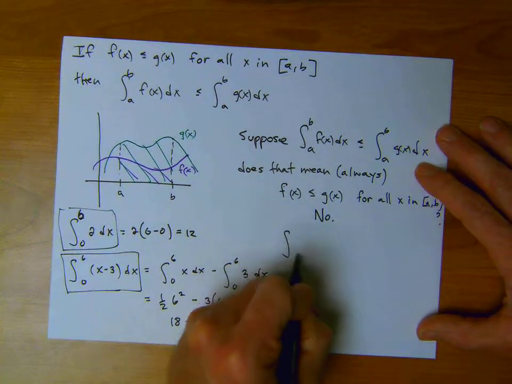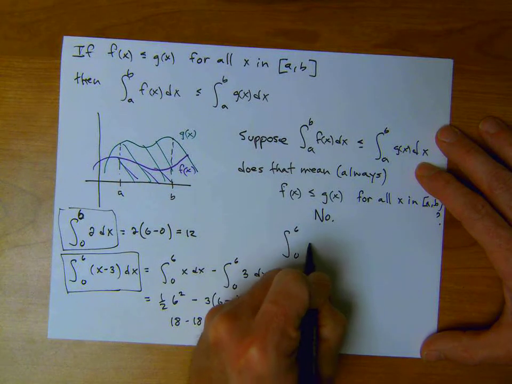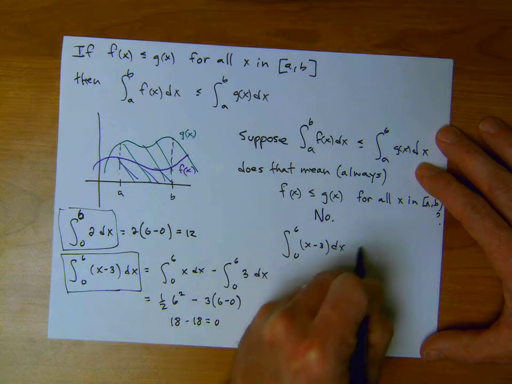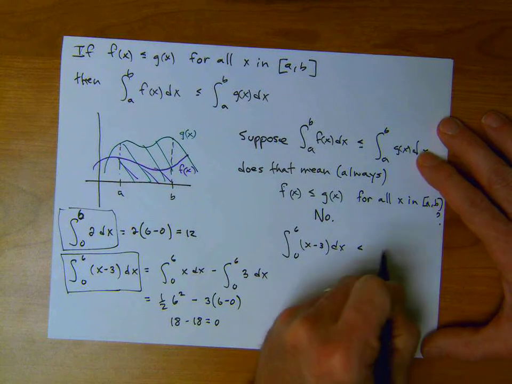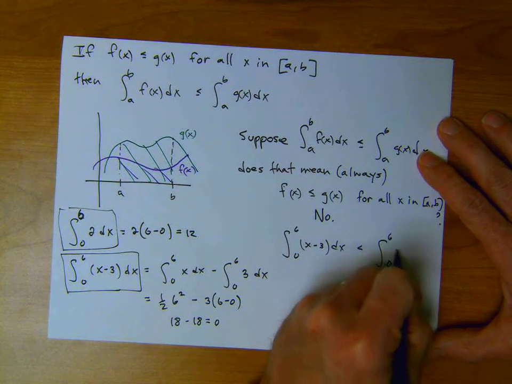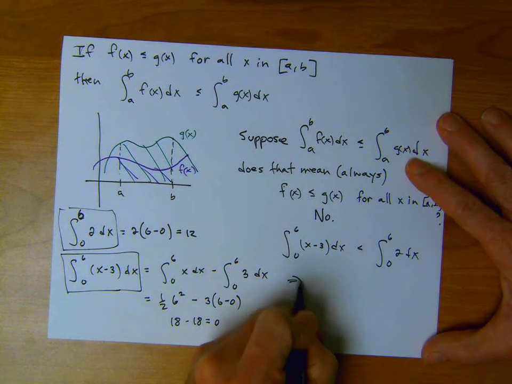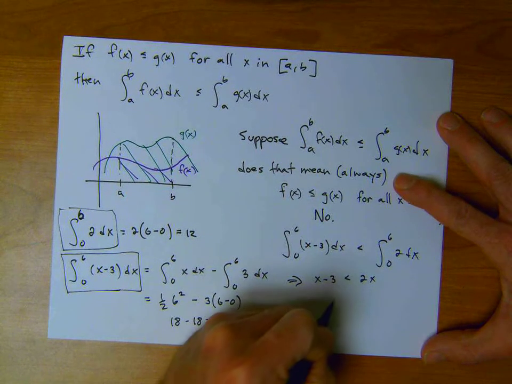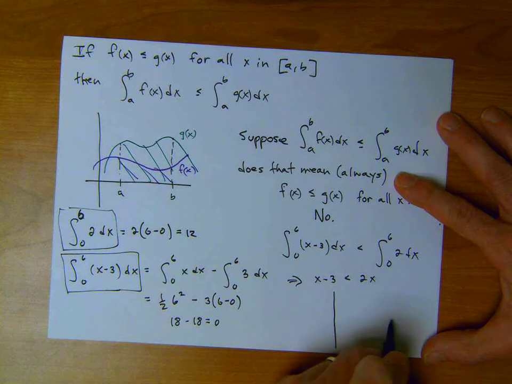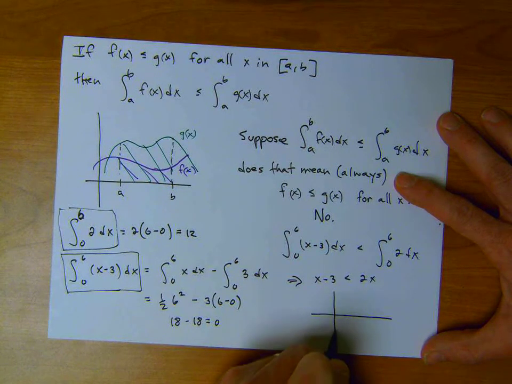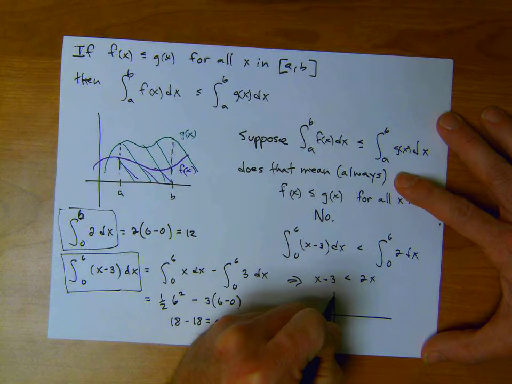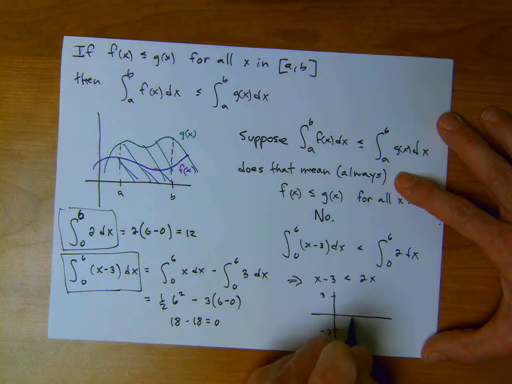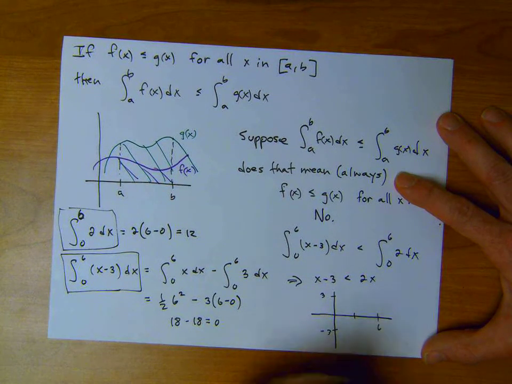So we have the integral from 0 to 6 of x minus 3 dx is less than the integral from 0 to 6 of 2 dx. Does that imply that x minus 3 is always less than 2? Well, if we look at the graph, that's clearly not the case. If we go down to -3 and up to +3, we cross at 3, and here's our 6.